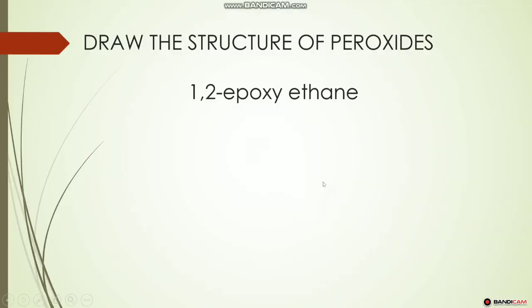Good. Let's try to do the structure of this epoxide. So we have here 1,2-epoxyethane. Since our longest carbon chain is ethane, it has only 2 carbons. So if this is the O, this is 1, the first carbon. Sorry.